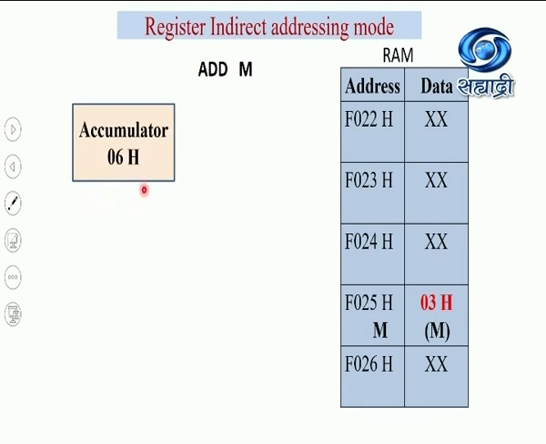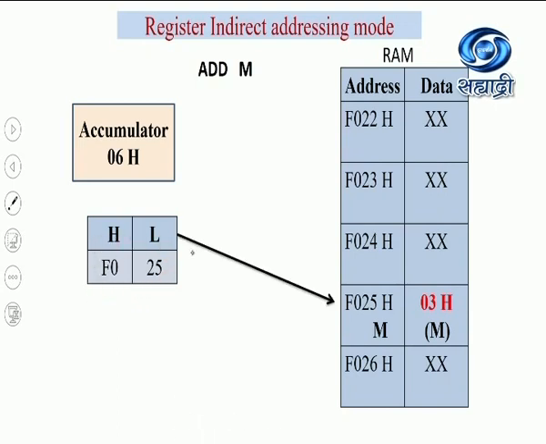Initially the accumulator contains 06 and HL contains F025. So F025 is the address of the memory location. HL is pointing to that memory location, M. At this memory location, the data stored is 03.